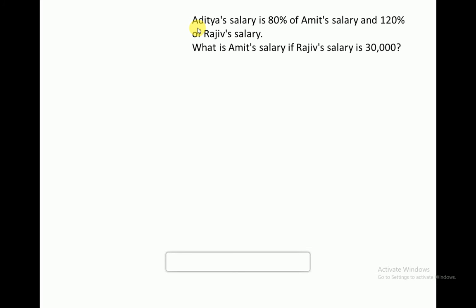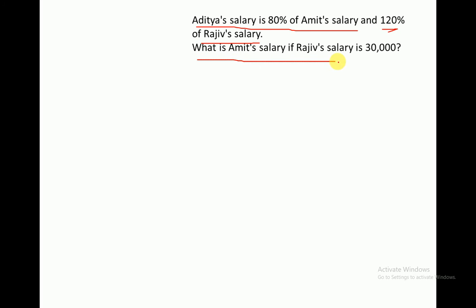Now it says that Aditya's salary is 80% of Amit's salary and 120% of Rajiv's salary. What is Amit's salary? Rajiv's salary is 30,000. Now this question has a little bit of use of ratio, so I'll explain the small concepts over here.